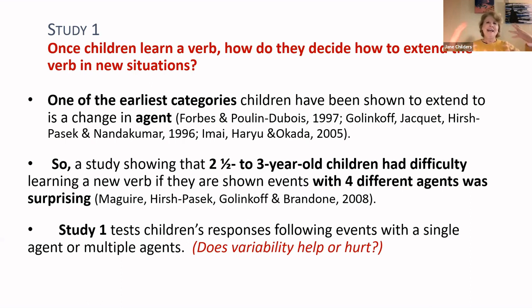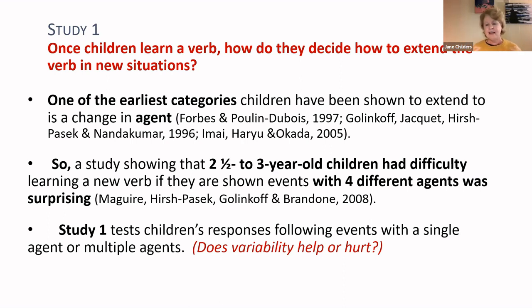Because I already knew that we had all this prior evidence, here's 4 prior studies showing that they can extend to agents, it was surprising when there was a study by Mandy McGuire and her colleagues showing that 2.5 to 3-year-olds were having trouble when they were learning a verb, and it had 4 different agents. That was kind of surprising to me.